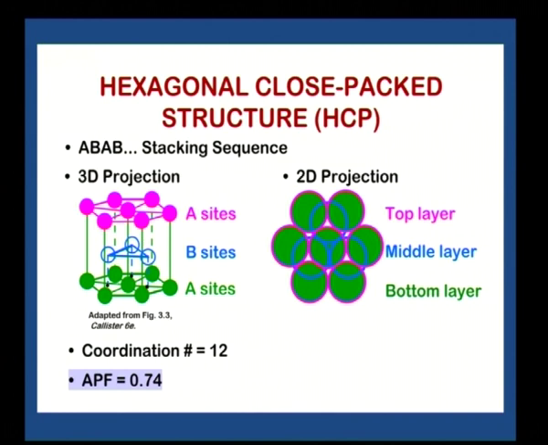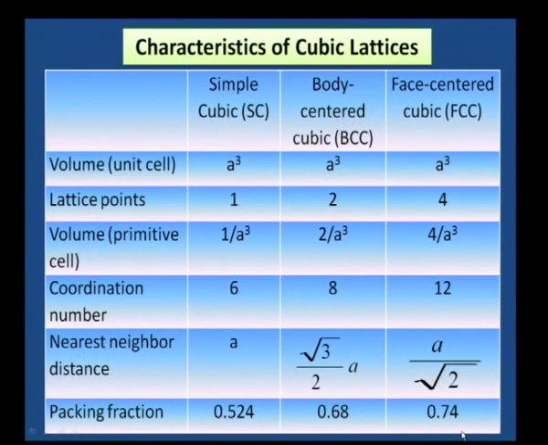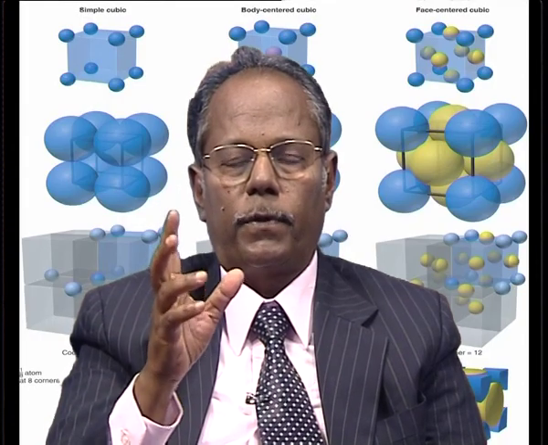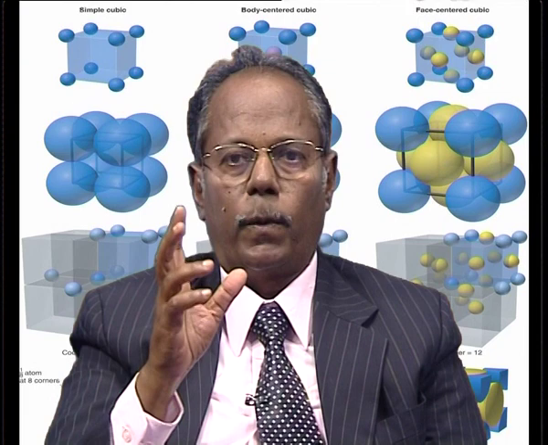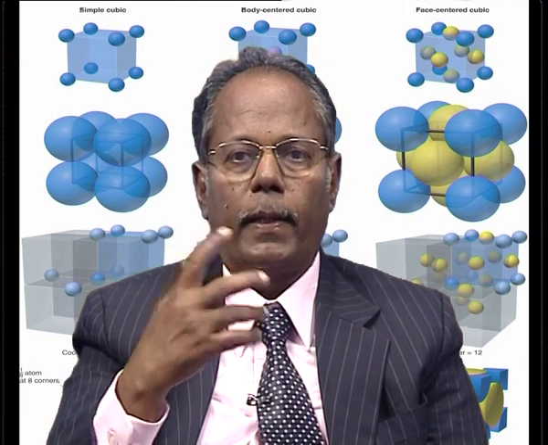structure. The most interesting thing, as given in the slide, is that the APF is 0.74, which is similar to that of the face centered cubic structure. I told you the significance of the value 0.74, that is the packing density.